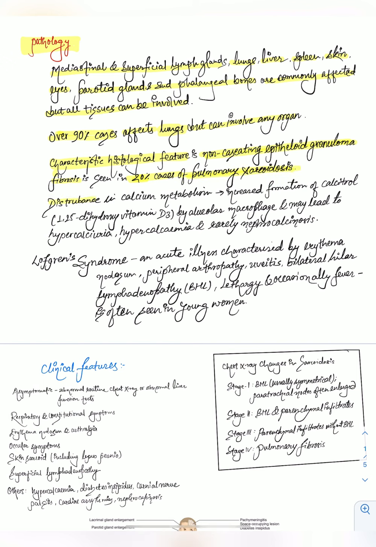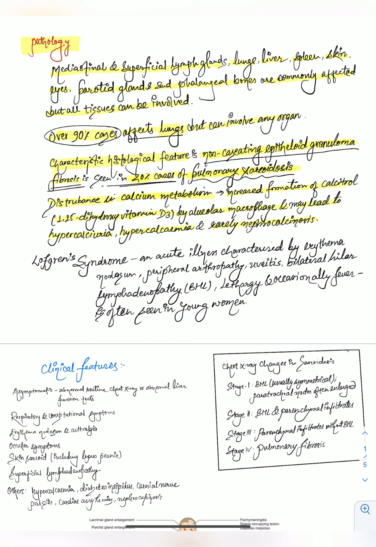There is disturbance in calcium metabolism that leads to increased formation of calcitriol, that is 1,25 dihydroxy vitamin D3, by alveolar macrophages, and may lead to hypercalciuria, hypercalcemia, and rarely nephrocalcinosis. So here we have learned that the characteristic histological feature is non-caseating epithelioid granuloma, that over 90% of cases affect the lungs, and that fibrosis is seen in 20% of pulmonary sarcoidosis.